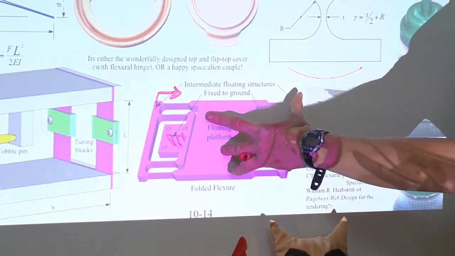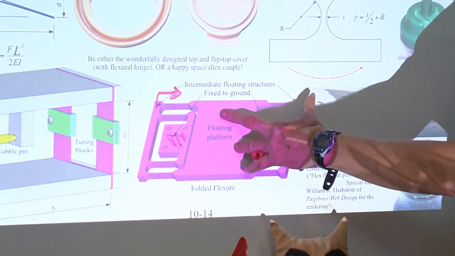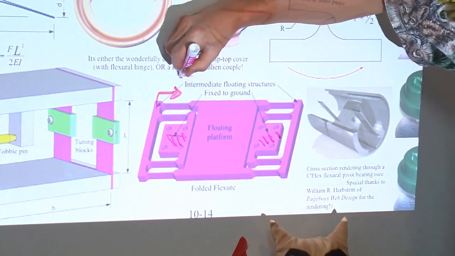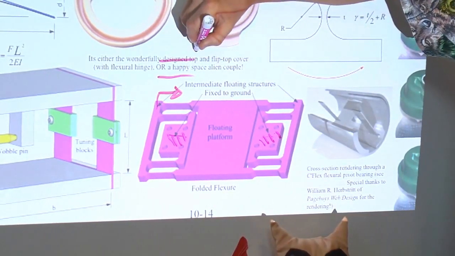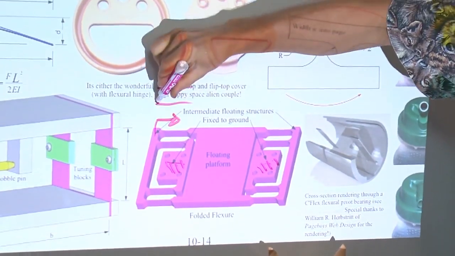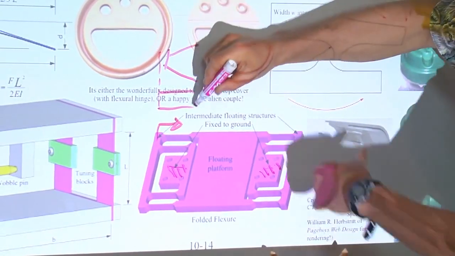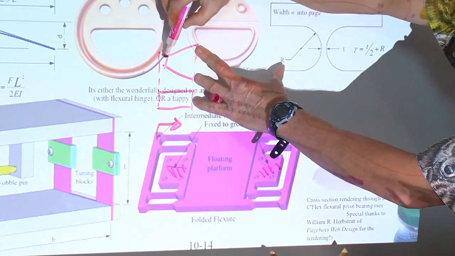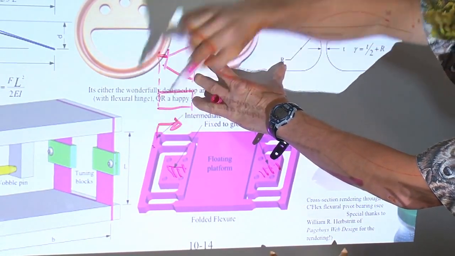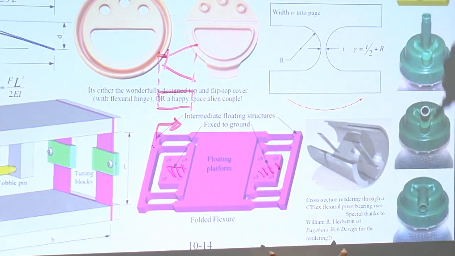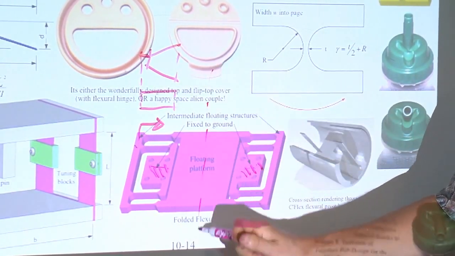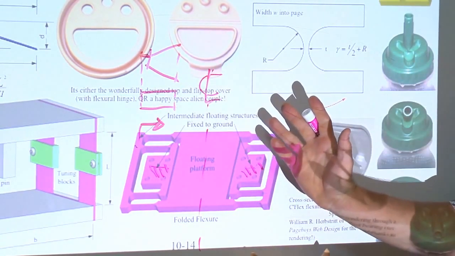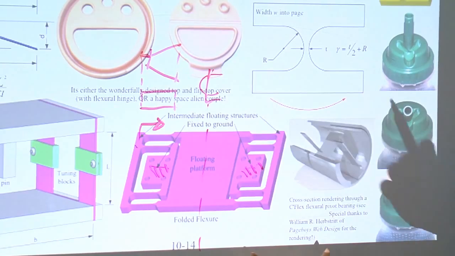The floating platform doesn't move over, because if you look, play the movie in your head of these two beams here. They were straight like this, and then now they're like that. This end here didn't move at all. It's just their end was allowed to move in. That's this floating platform. Okay? Here is our center line, and we do the exact same structure on the other side. Sometimes this is referred to as a folded flexure.